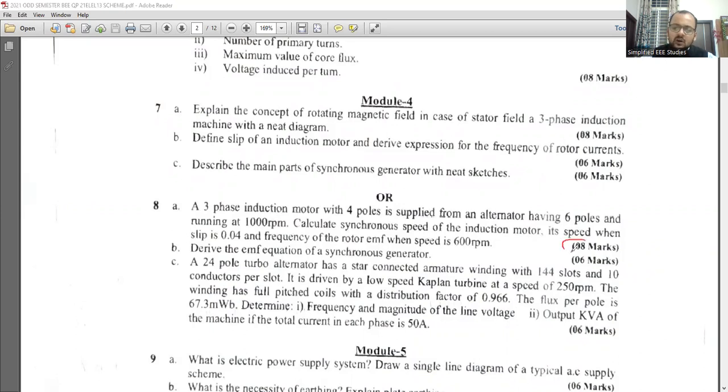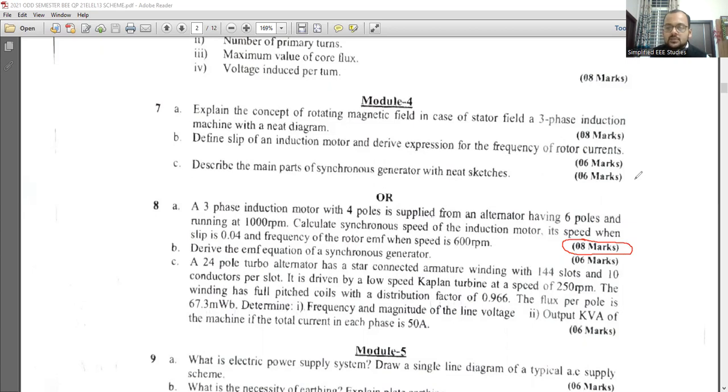The problem is very simple. Don't think that it's too complicated. Anyway, you know that supply will be given with the help of the alternator. Induction motor is there for performing the mechanical work. Alternator output will be given to the induction motor, because in order to operate an induction motor, electrical energy is required.